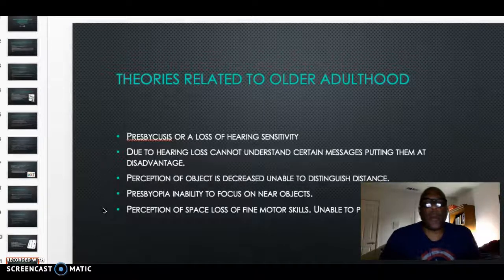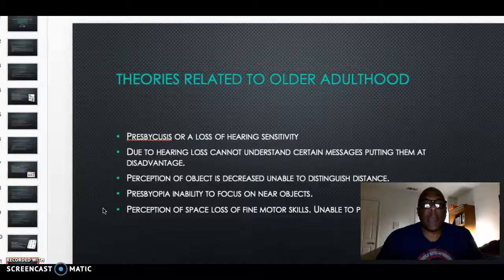Theories related to older adulthood: presbycusis, or loss of hearing and sensitivity. Due to hearing loss, people can't understand certain messages, putting them at a disadvantage where they can't hear and thus react to the environment around them. Perception of an object is decreased, and they're unable to distinguish distance.